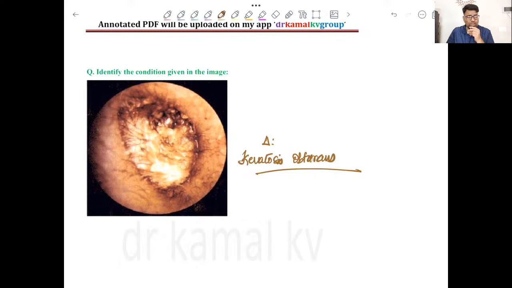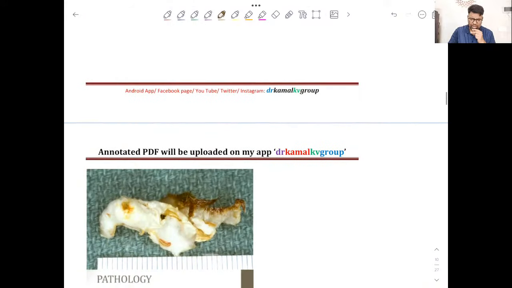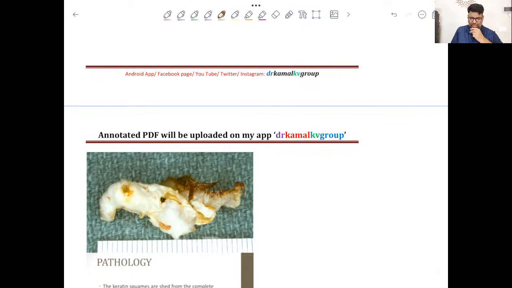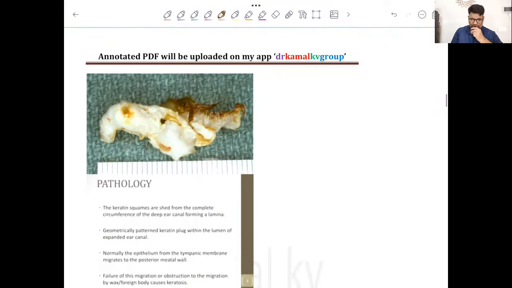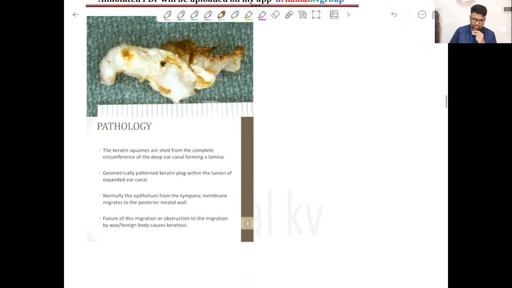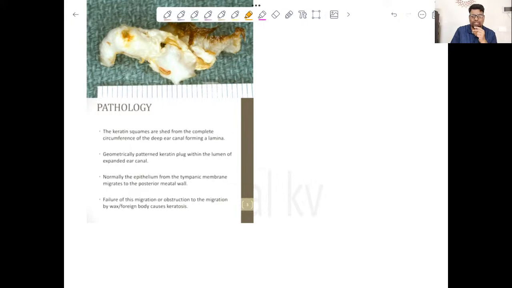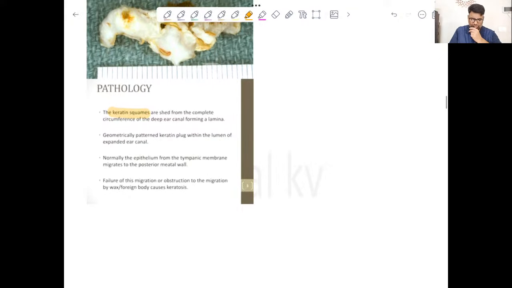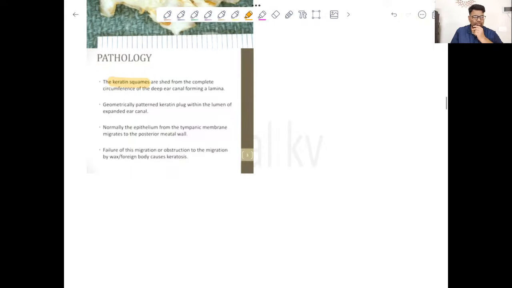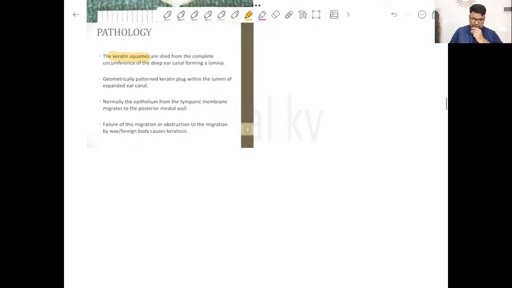When we remove it, you can see it has almost the same shape as the external auditory canal, right? And the name is Keratosis, so it is somewhat related to the keratin which is released from the lining of the external auditory canal.